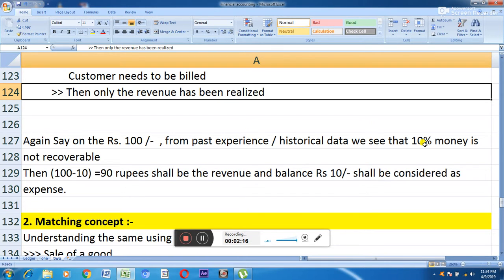You have billed the customer 100 rupees, but you know that because of some issues, the customer will not pay 10 rupees to you. So what is your revenue right now? It is 90 rupees, because from the past experience you know that. So the 10 rupees which is not recoverable will be the expense.